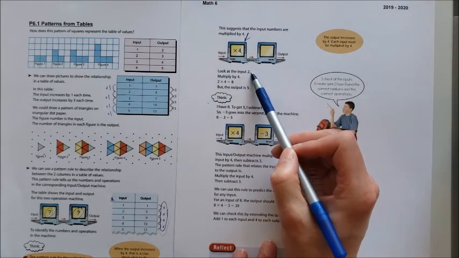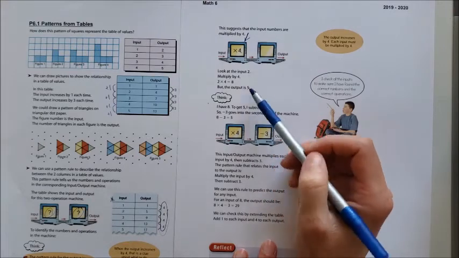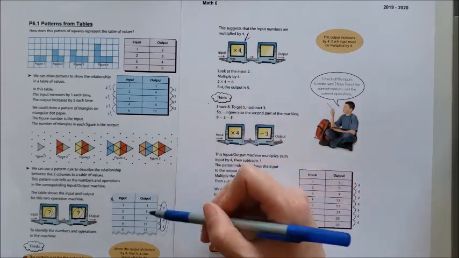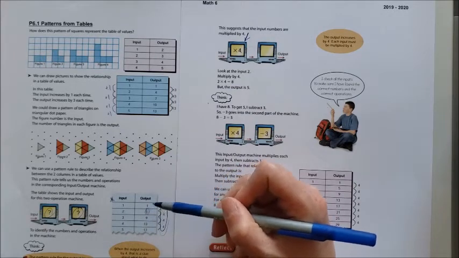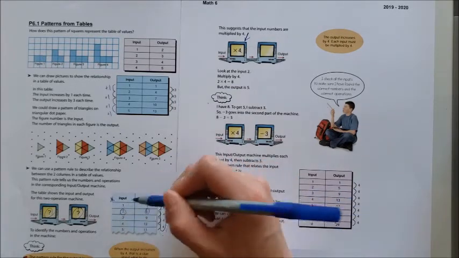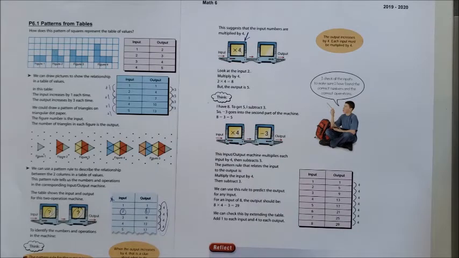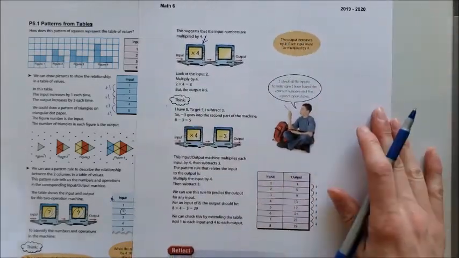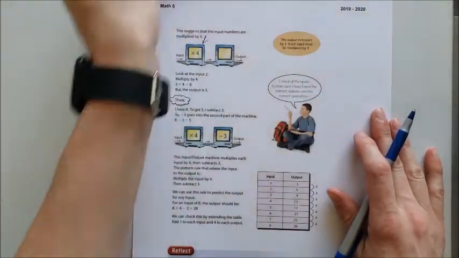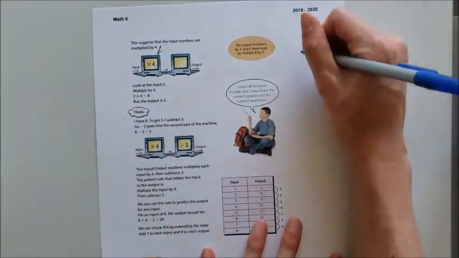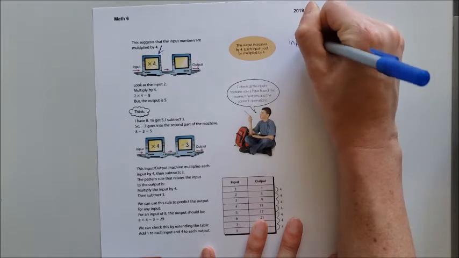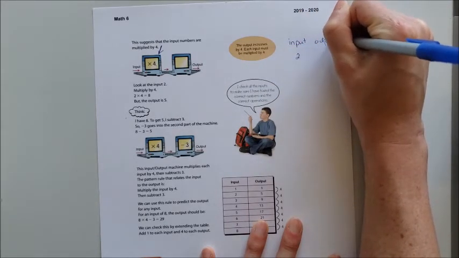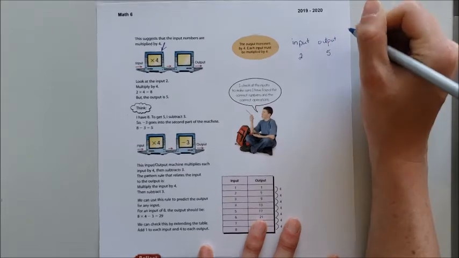Then we are going to look at the input and try to figure out how I get to the output number given a specific input. So they did this for input 2. I know that my input is 2 and my output is 5.